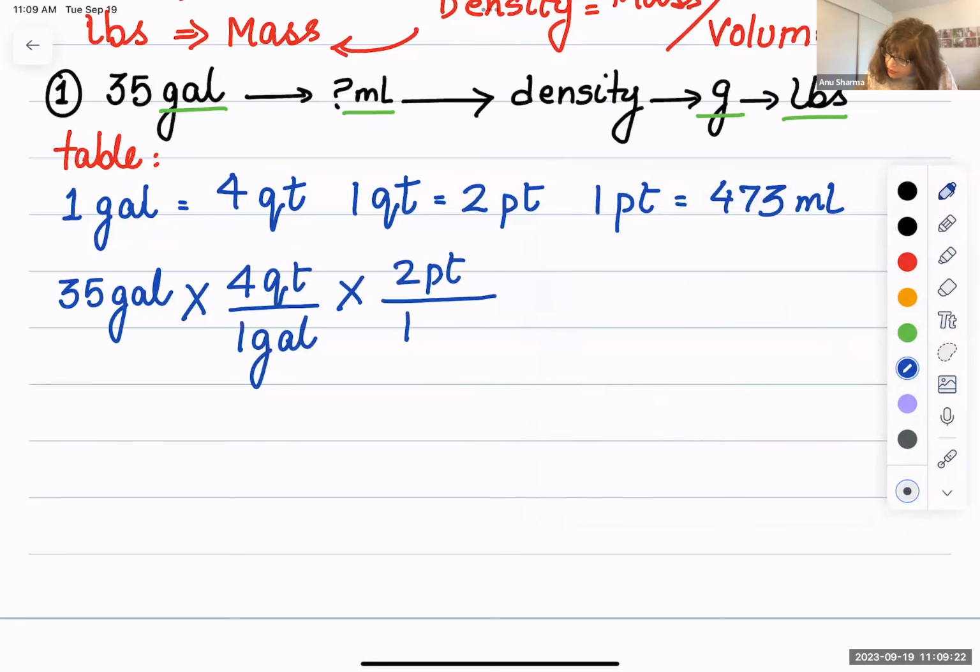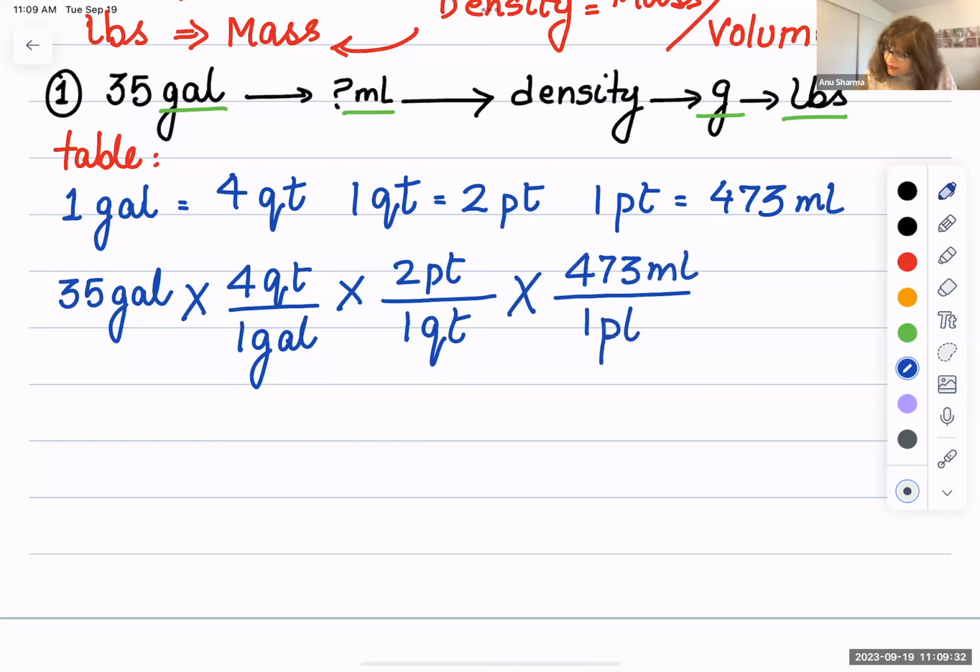So that cancels out the quart. Next, 473 milliliters per 1 pint. So that will convert the gallons to milliliters. Gallons, quarts and pints cancel out.